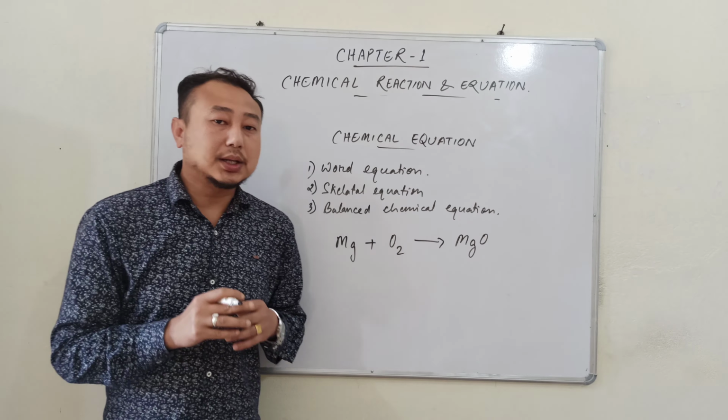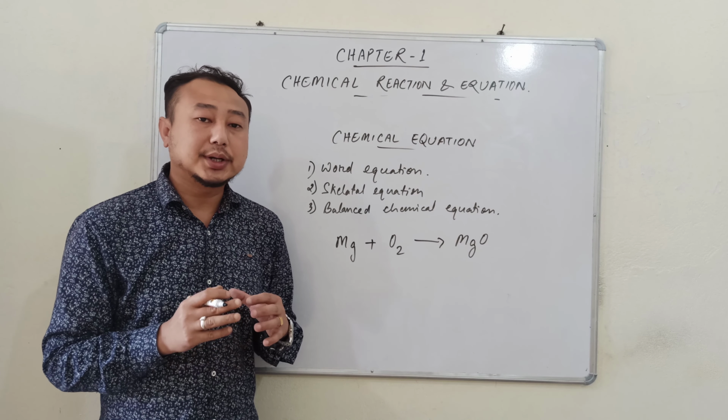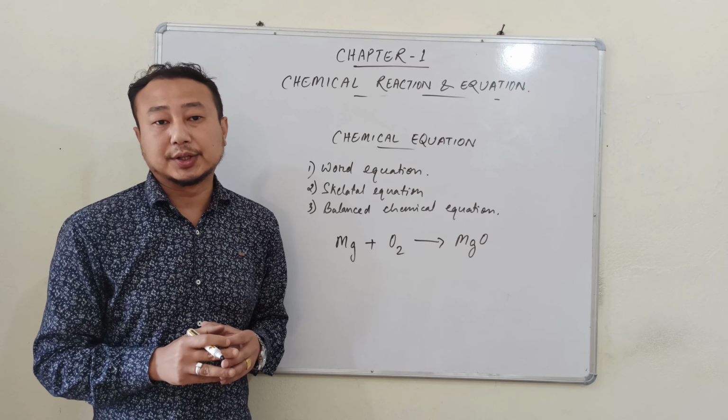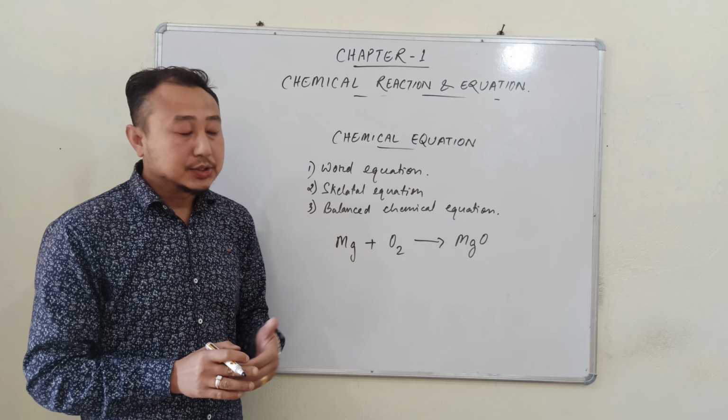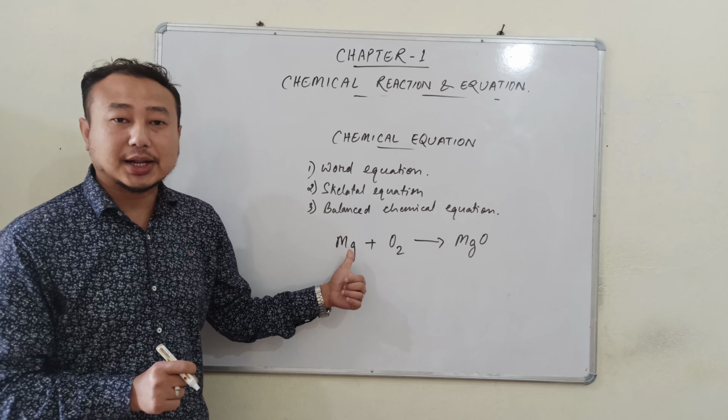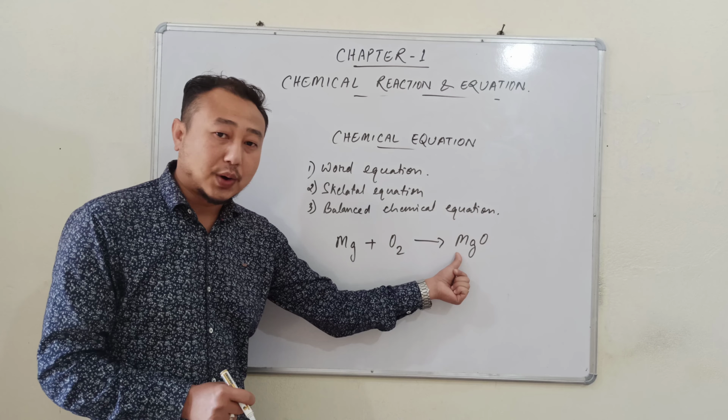A balanced chemical equation is the type of equation in which the number of atoms of each and every element are equal or same in both the reactant and the product side. So in this equation, this is a skeleton equation. Here, let us count the number of atoms of magnesium and oxygen used in this equation. In the reactant side, the number of magnesium atom is 1. Here also 1.